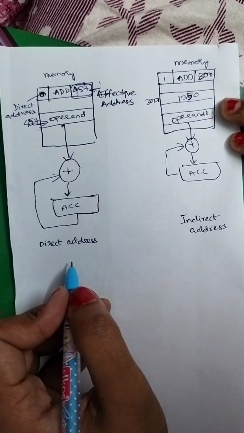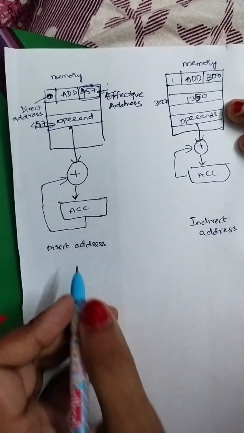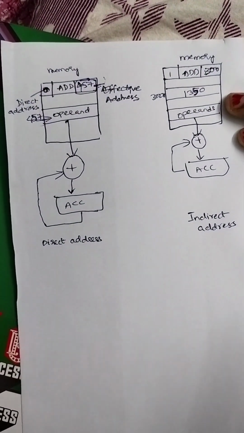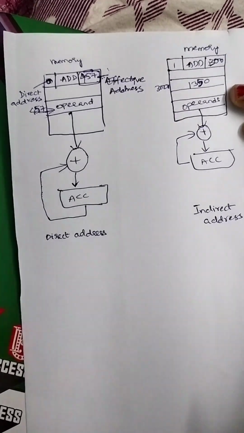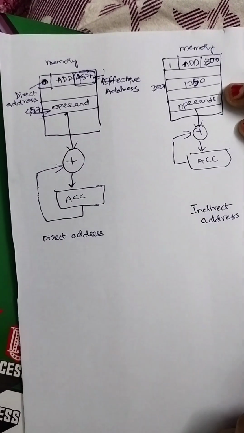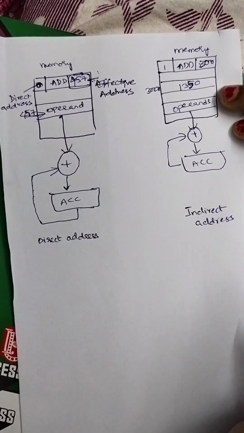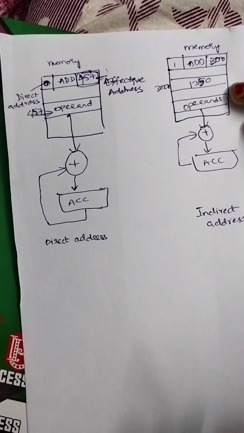Operand, as you all know, is the data or memory location used to execute that particular instruction.